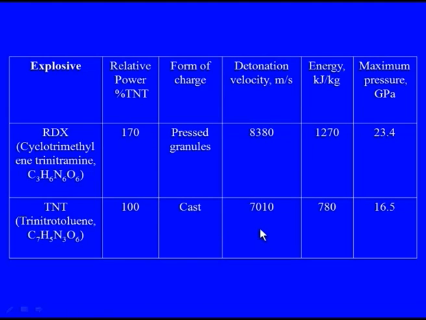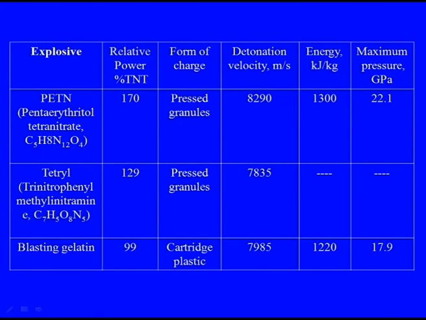Detonation velocity in excess of 7,000 meters per second can be obtained, with an energy level of 780 kilojoules per kg, and the maximum pressure can go up to 16.5 gigapascals. So, this is another popular as well as very high performance explosive.